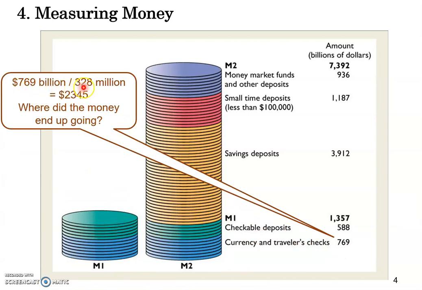Now, if we do a simple math, $769 billion divided by the US population, which is 328 million, so that we can find the amount of money per person, or amount of cash per person. It's going to be $2,345.